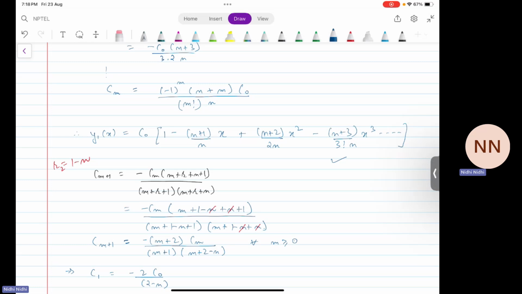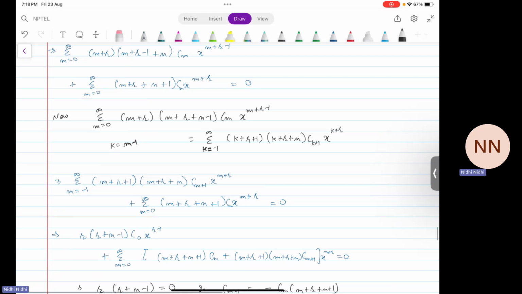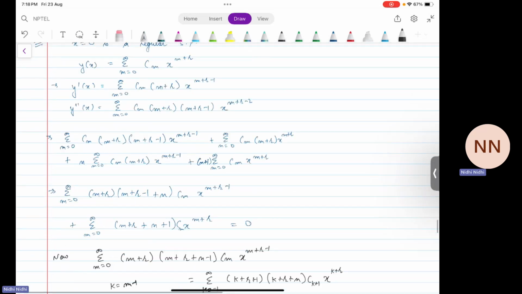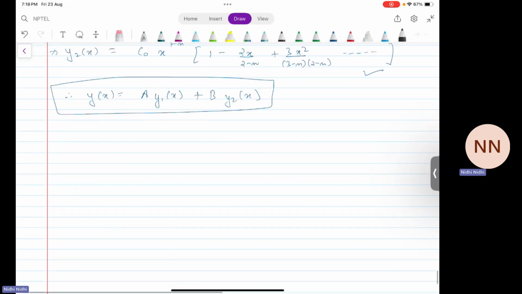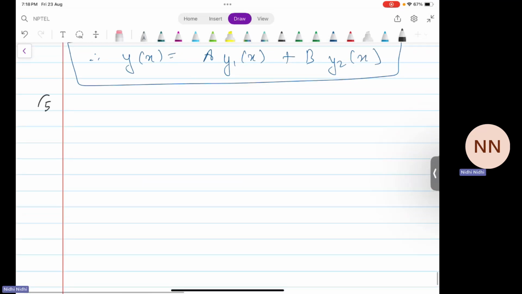Let's move to the next question. Question number 5. Solve the Bessel's equation.